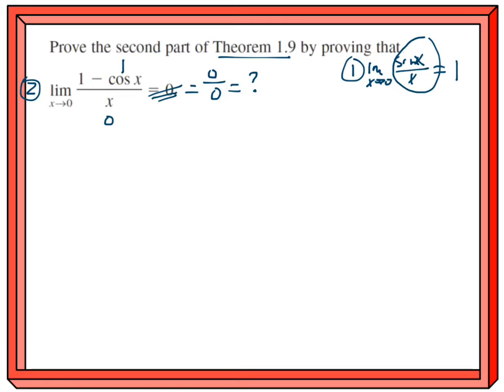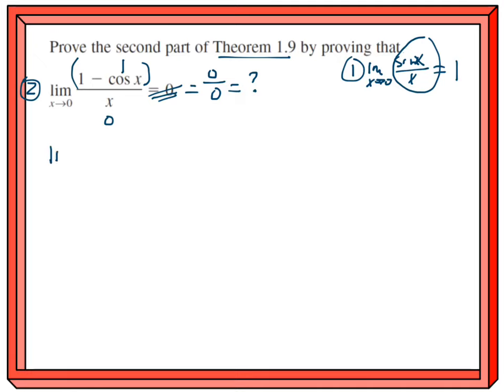When you rationalize the numerator, you're supposed to multiply by a conjugate. And this 1 minus cosine x, you may remember from pre-cal when you've had to solve some complicated trig equations, one of the tricks is to multiply by a conjugate, and maybe it rearranged things for you. So the conjugate of 1 minus cosine x is going to be 1 plus cosine x.